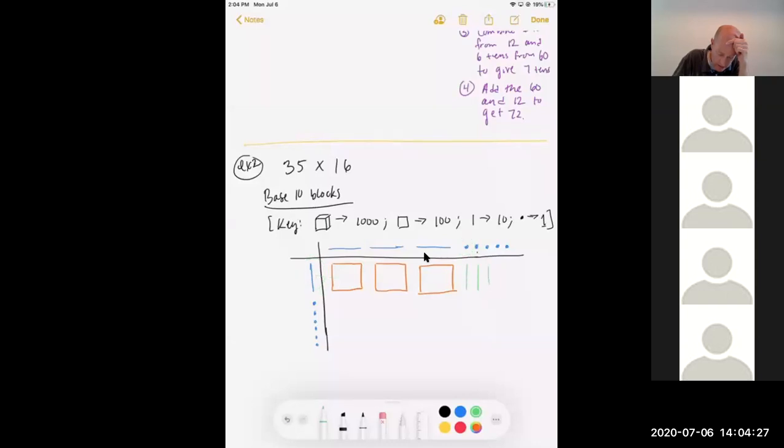So I'm going to do this for each one of the ones. Okay? And same thing with a 10 times 1. So those are filled in there.